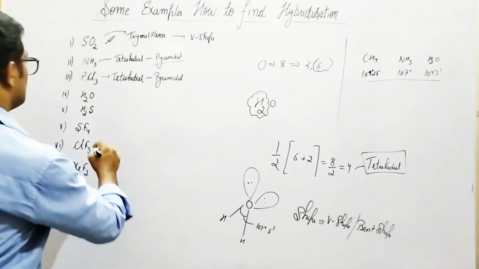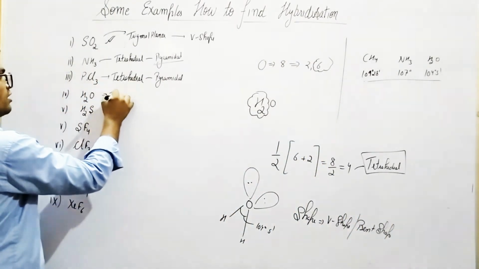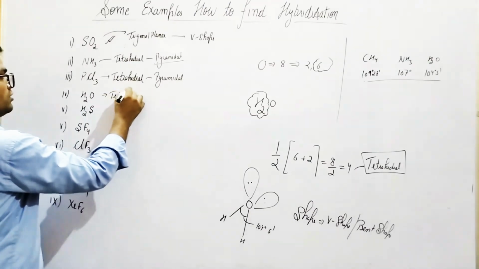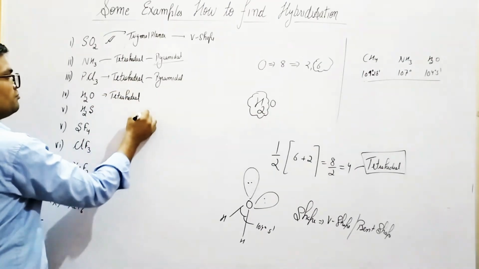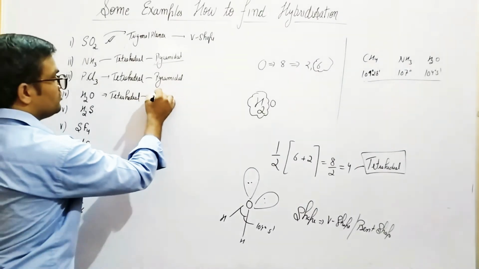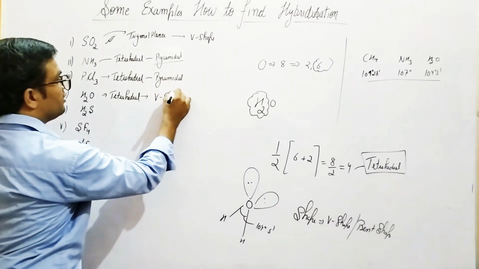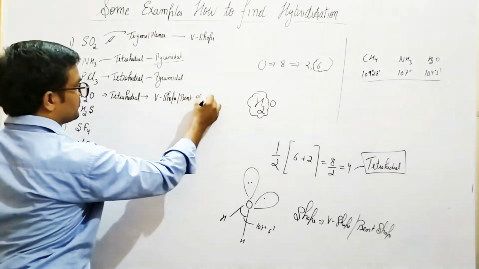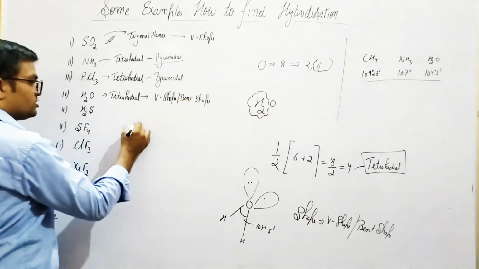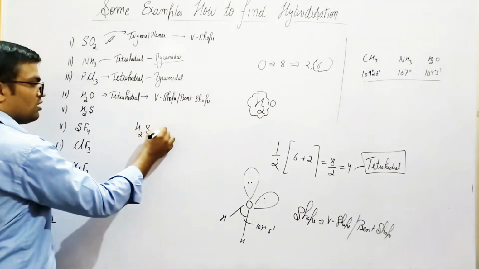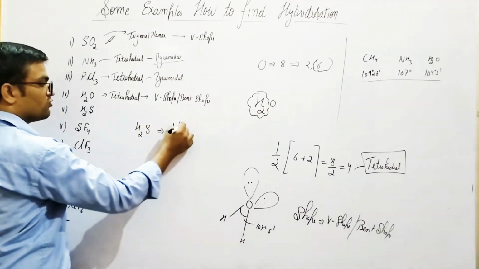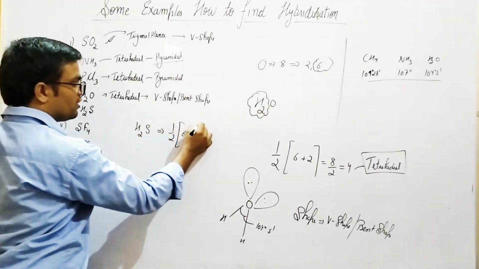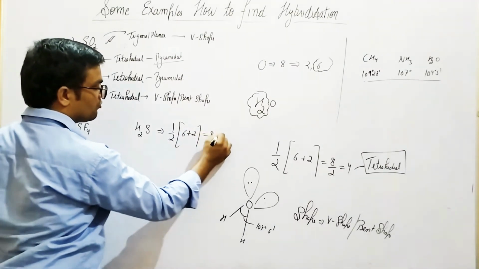Therefore, in H2O the geometry comes out to be tetrahedral, but the shape is V shape, inverted V shape, or bent shape. If we calculate for H2S, it is the same: half of the valence electrons of sulfur is 6, plus 2 monovalent atoms, it comes out to be 8 by 2, which is 4.